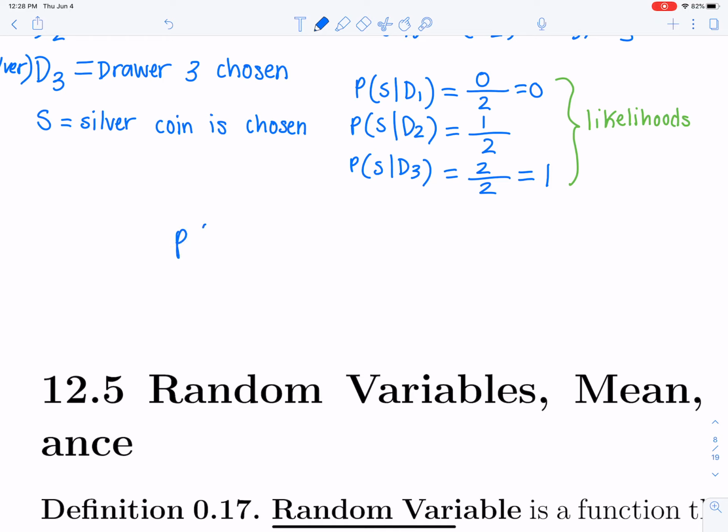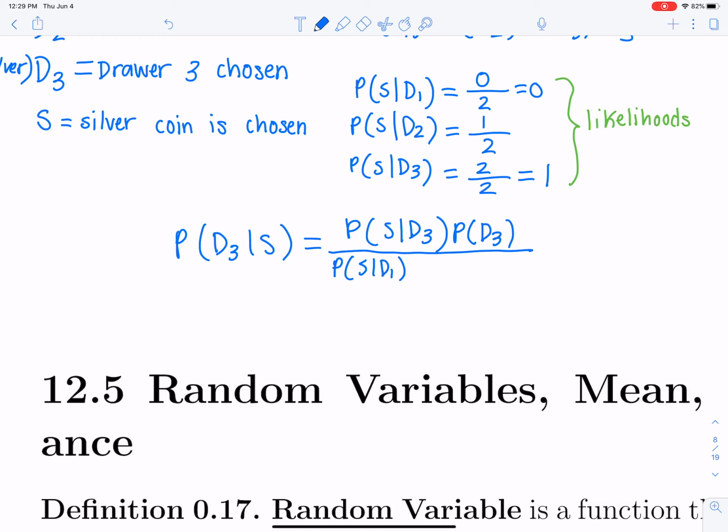So we are looking for P of D3, because that is the drawer with the most silver coins, given S, which equals P of S given D3 times P of D3, all over P of S given D1 times P of D1, plus the same thing, just changing the drawer, plus P of D3.